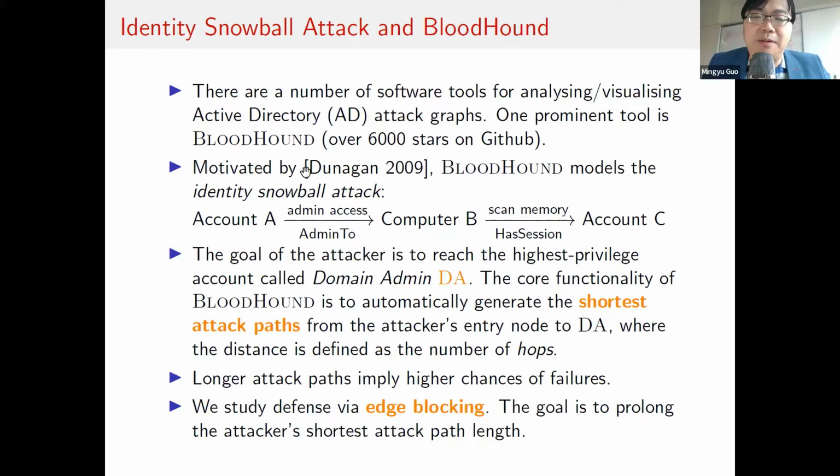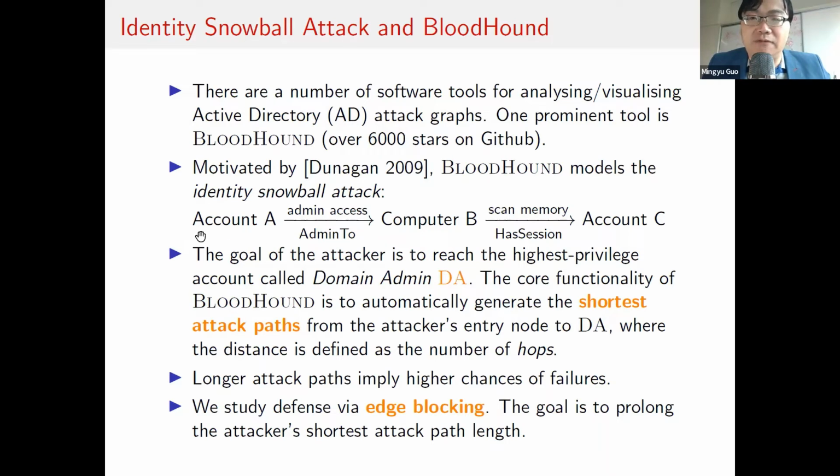The tool was originally motivated by a paper written by Microsoft Research, but that paper sat there for 5-6 years without getting noticed, like many other academic papers, unfortunately. Until one day, this security consulting group made it into a tool. This tool models a specific kind of identity snowball attack under the Active Directory environment.